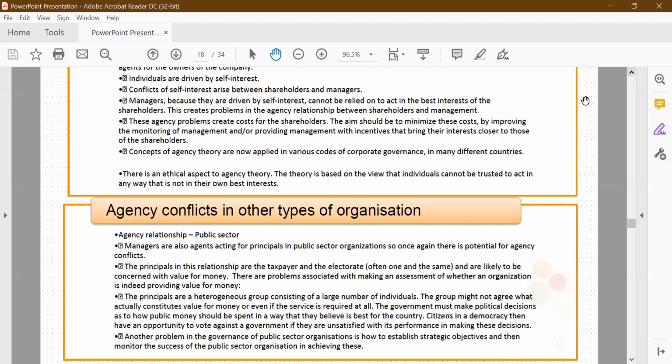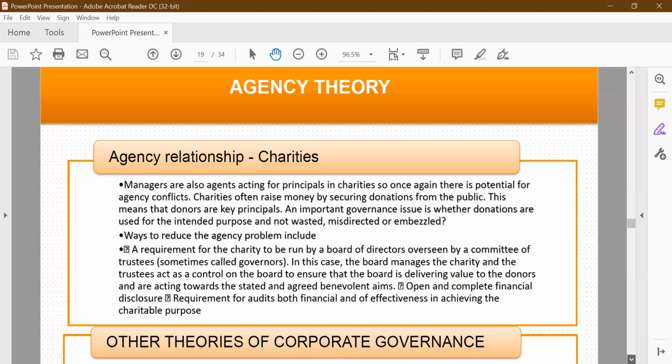We see agency conflicts also in charities as well. Managers are also agents acting for principals in charities. So once again, there's a potential for agency conflicts. Charities get money from the public through donations.